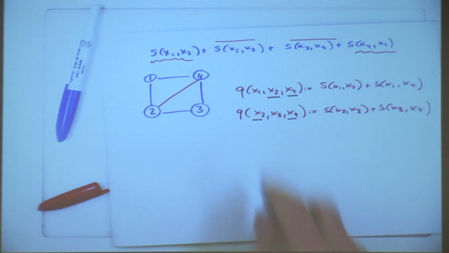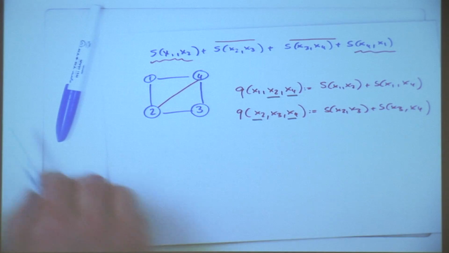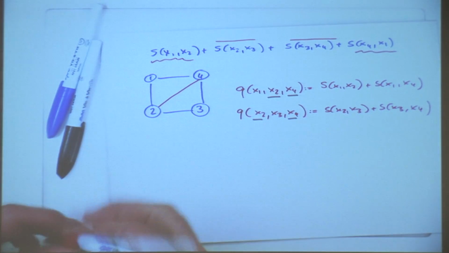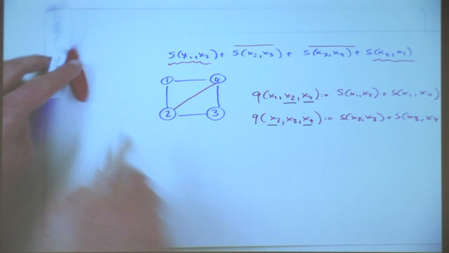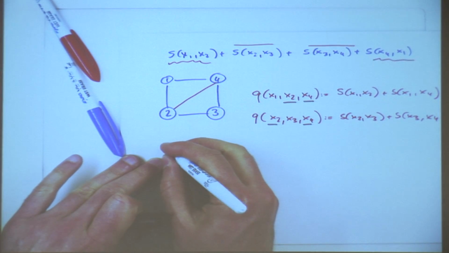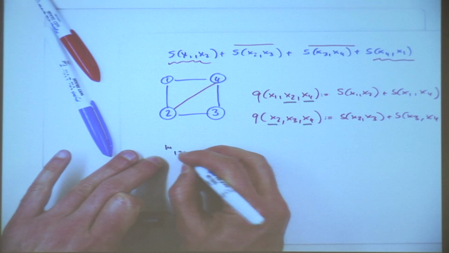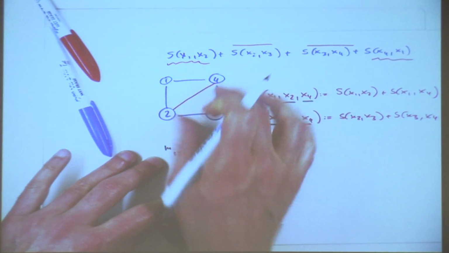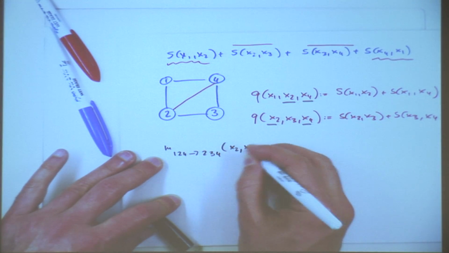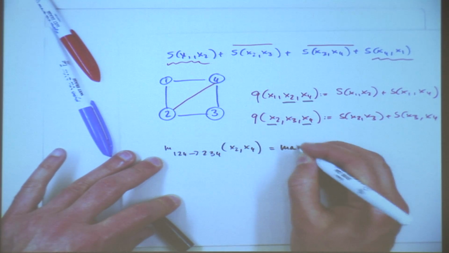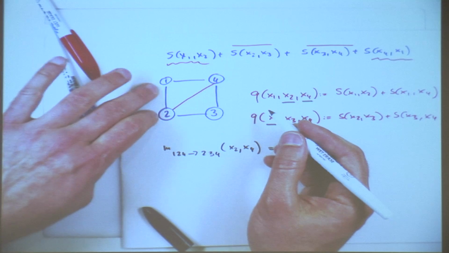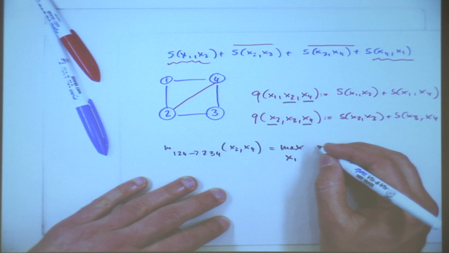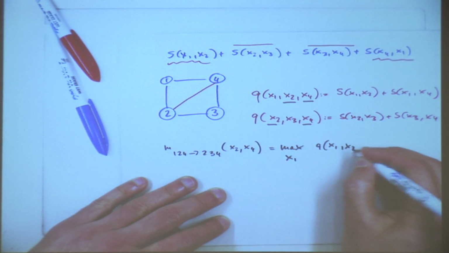And so if I wanted to do a joint maximization over all of this, my first message going from 1, 2, 4 to 2, 3, 4, which now depends on the variables in the separator set, x2 and x4, would be the max over the one variable that's not needed anymore, x1, of q(x1, x2, x4).